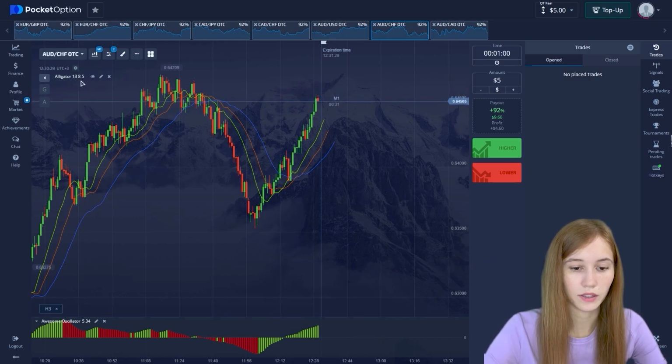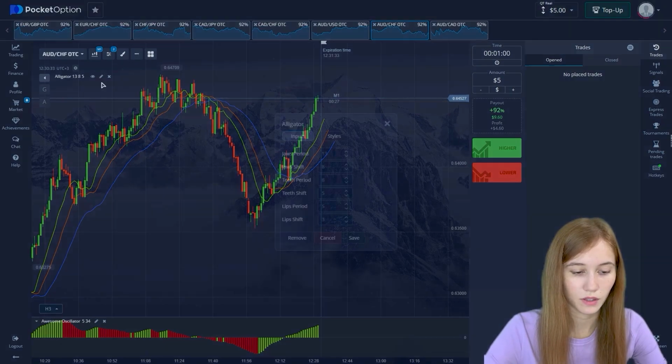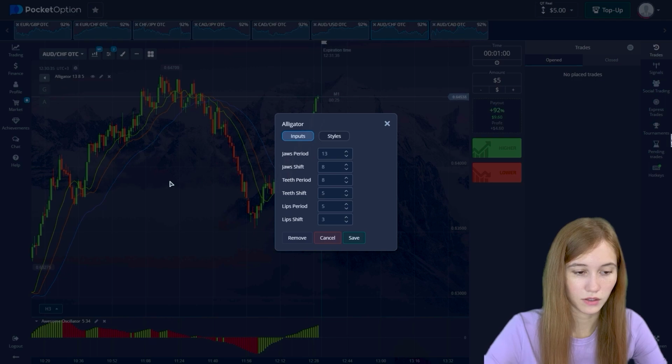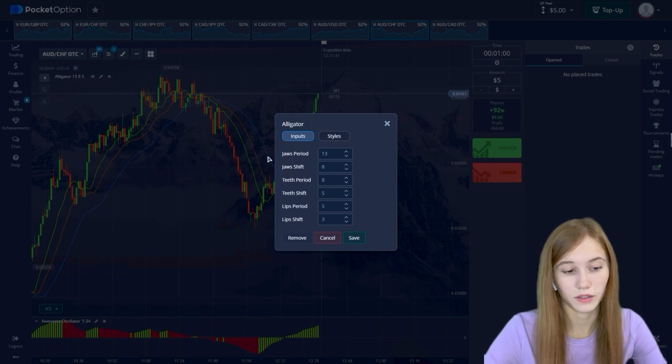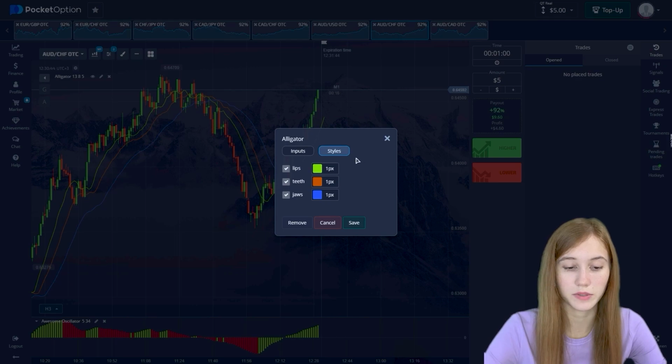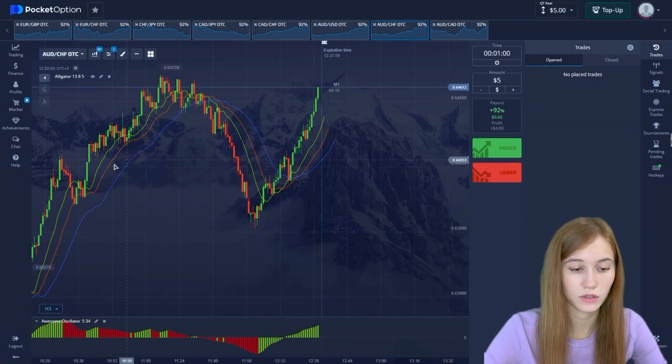The first one is the Alligator, located on our chart. Its parameter values are here, but the standard settings are suitable for most time frames. Also, don't be afraid to play with the values.